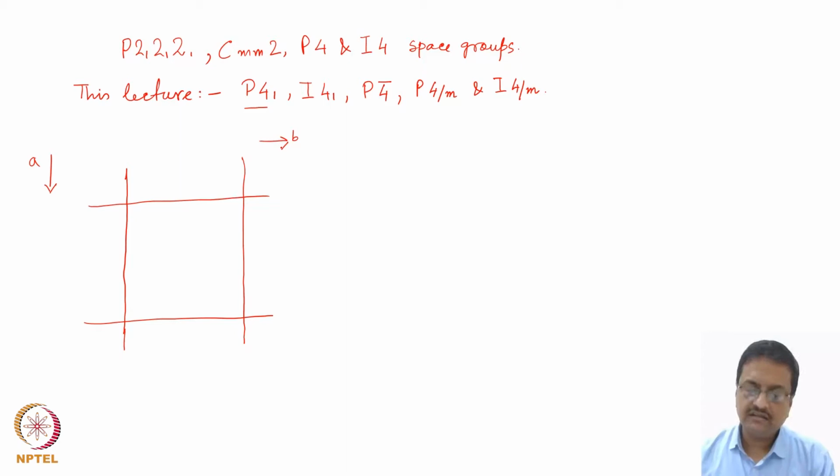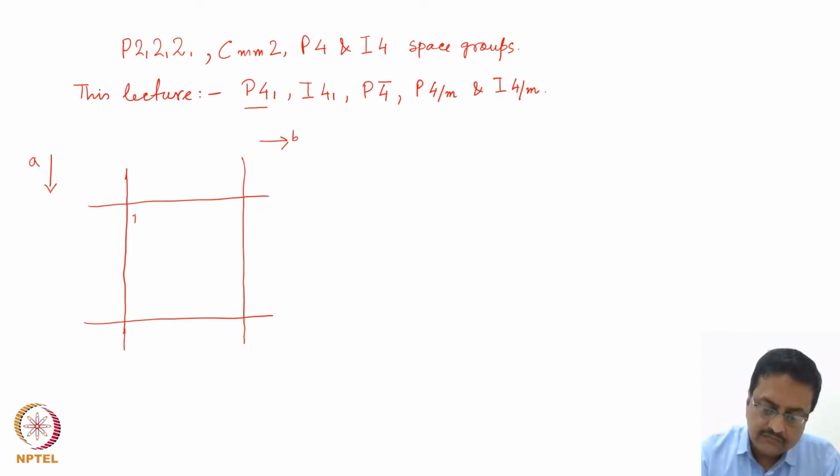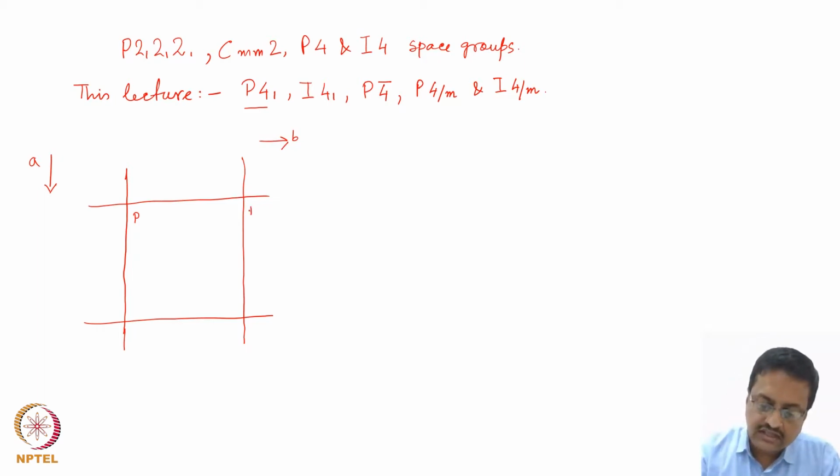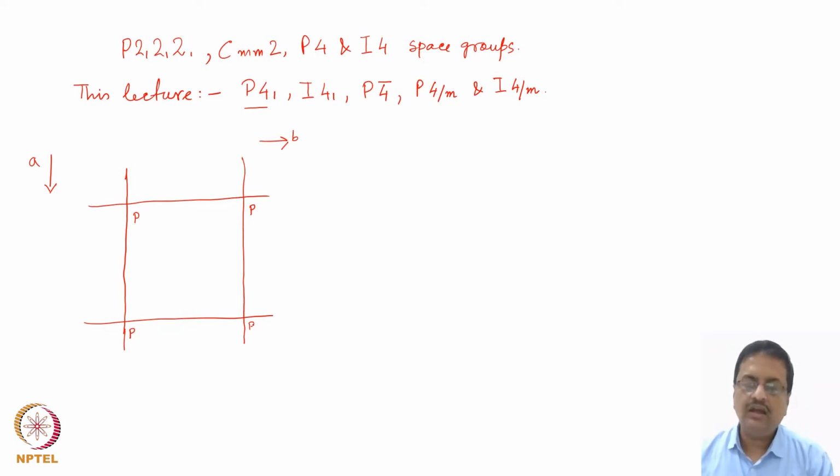Now I use the letter P, you remember this is a primitive lattice. So I have the object associated with the corner. I should draw the translation related objects, as always, and then see where the 4-1 screw should come. The 4-1 screw should come perpendicular to the plane of projection, that is along the z axis or c axis.